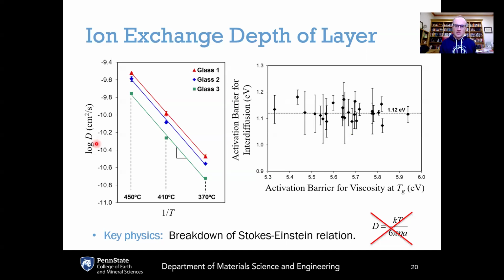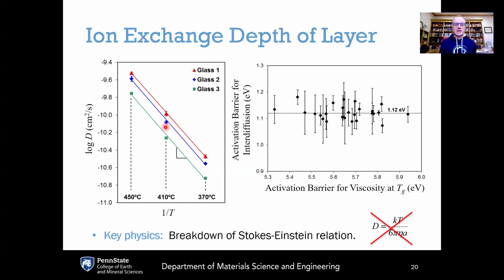So this is the logarithm of the interdiffusion coefficient as a function of inverse temperature for 3 different ion exchange temperatures. So this is 3 different salt bath temperatures, 370 degrees Celsius, 410 degrees Celsius, and 450 degrees Celsius. And this is for 3 different glass compositions. This is work that I've done in the development of Gorilla Glass 2, and these were 3 different candidate glasses.